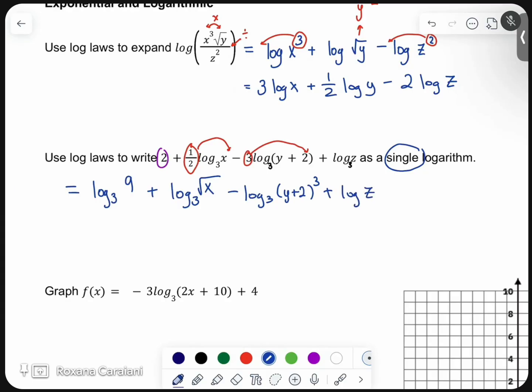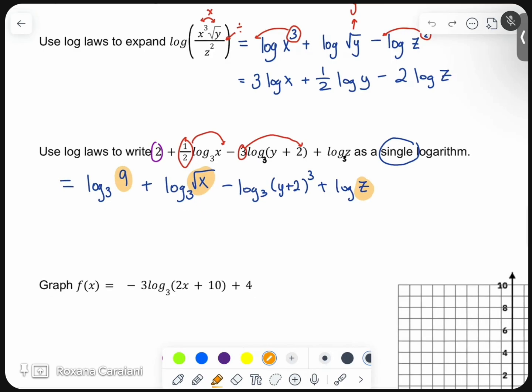Okay? And now anything that's attached by addition, those arguments will be multiplied. So that means the 9, the root x, and the z will all be multiplied because they all have addition in front of them. Whereas the y plus 2 cubed, because there's subtraction in front, that will go into the denominator because that's what we are subtracting.